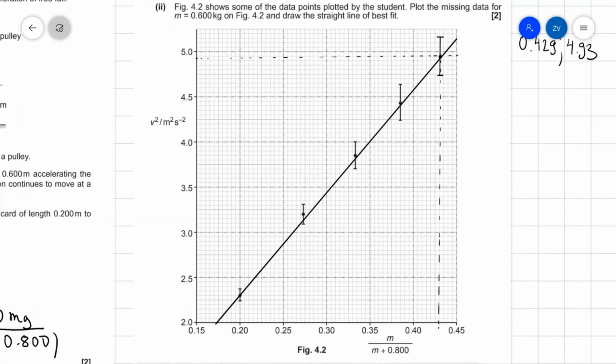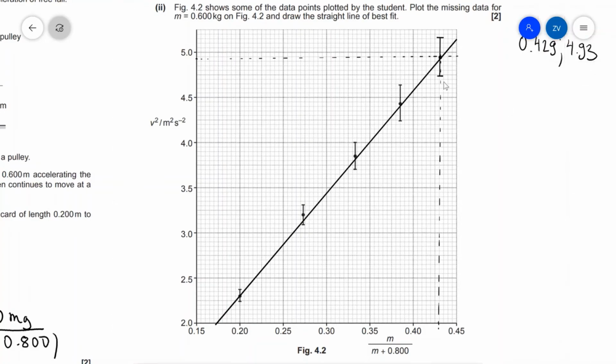If we were to plot this point, we would need to be very, very careful just over here, and additionally we would need to plot the absolute uncertainty. Remember, half of the size of an error bar is equal to the absolute uncertainty, so each of those lines here is equal to 0.22, and this one here is also equal to 0.22. And additionally, I've drawn my line of best fit, trying to go through as many of the points as I can.